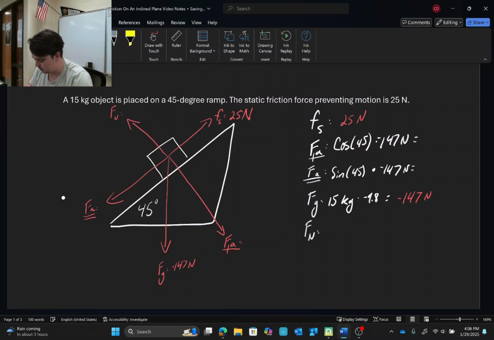Cosine of 45 times negative 147, I get negative 103.94 newtons. And then for parallel, I get negative 103.94 newtons. That's a terrible one. Made it worse.